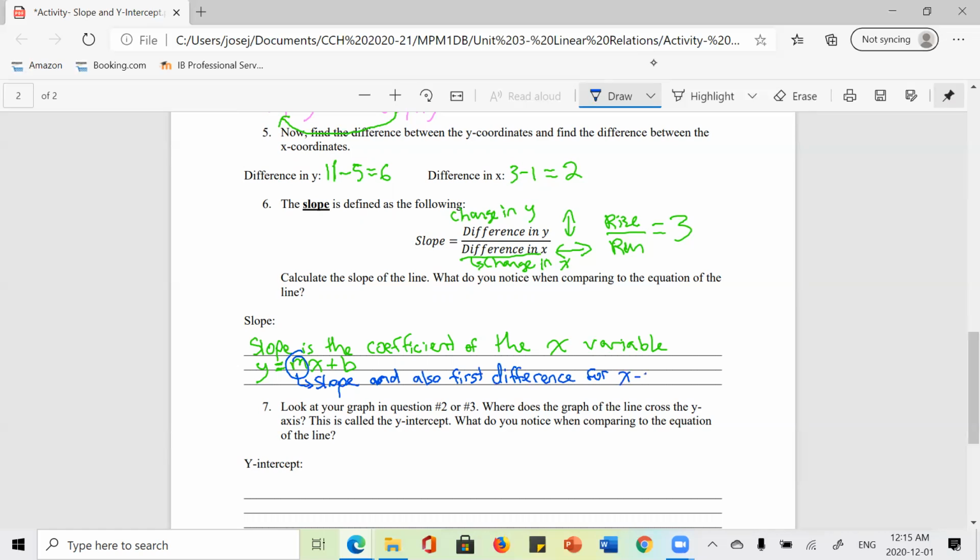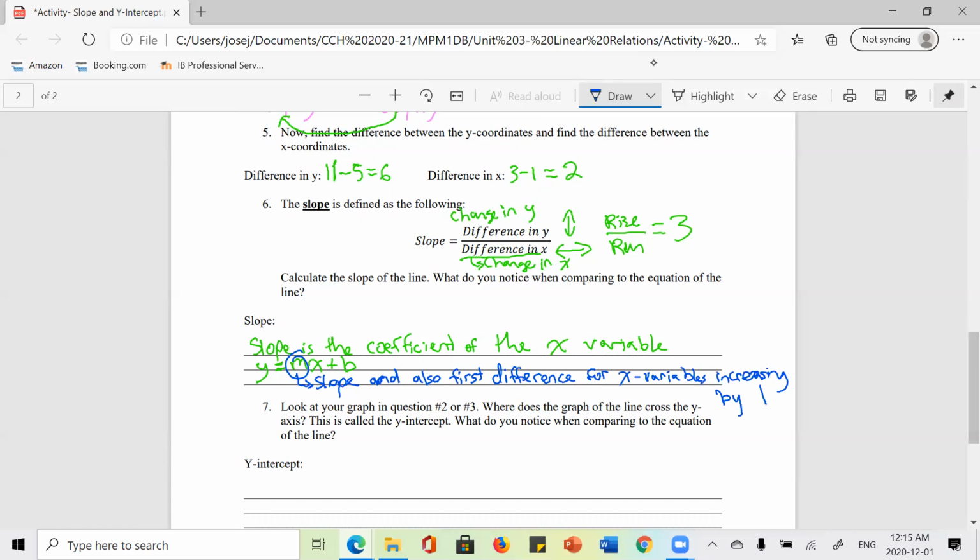For x variables increasing by 1. And we kind of talked about this. Sometimes they don't increase by 1. That's a little bit different, but if they're all increasing by 1, then we see that the slope and the first difference are actually the same.